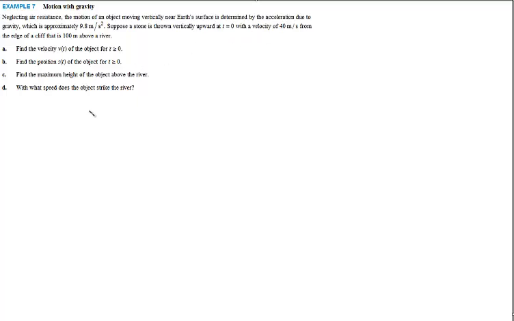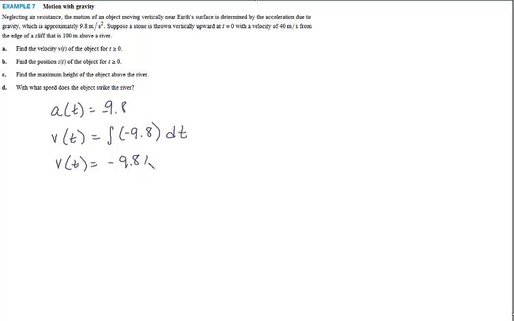Alright, we're told that a of t is 9.8 meters per second squared, and it's in the downward direction, so we're going to go ahead and give him that negative sign. v of t would be the integral of this negative 9.8 with respect to t. So v of t is then negative 9.8t plus c. I'm doing the a part here, and they give me an initial condition.